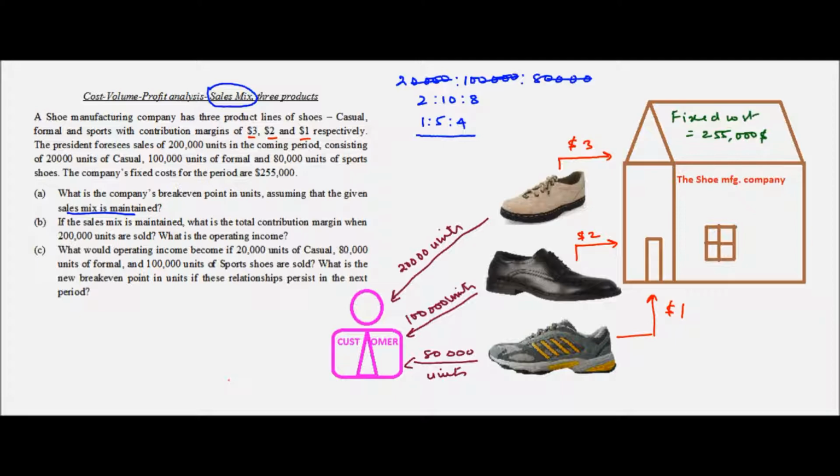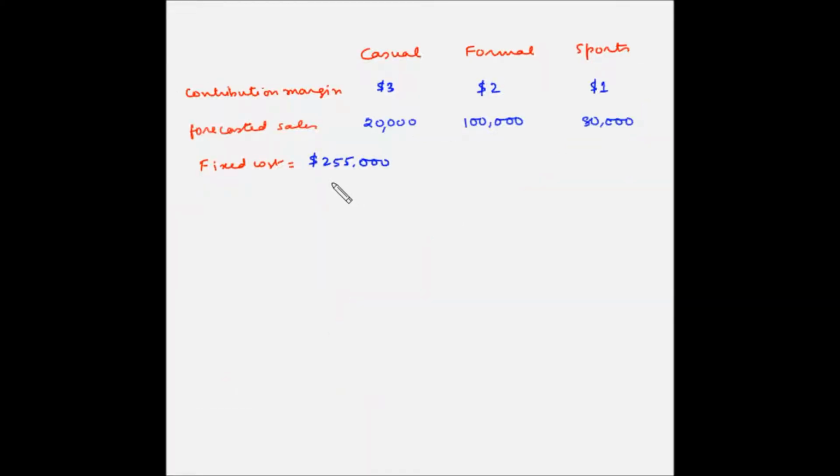So with this information, let's try and find out the answer to these three questions. The information that has been given to us in this example is the contribution margin for casual shoes is $3, for formal shoes is $2, and for sports shoes is $1.